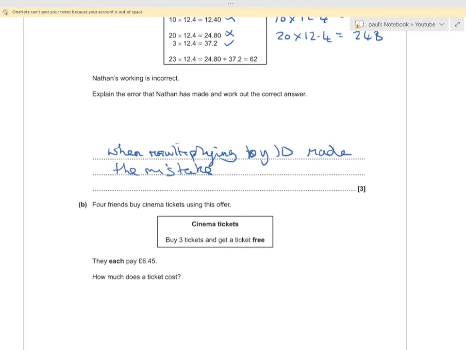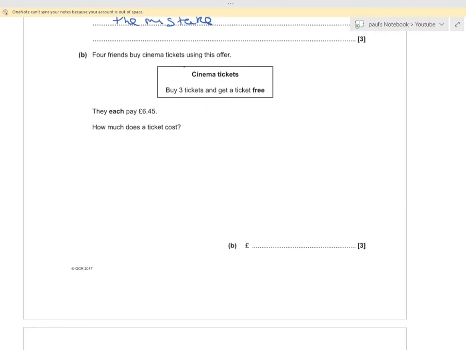Right. 4 friends buy cinema tickets using this offer. Buy 3 tickets and get a ticket free. They each pay $6.45. How much does each ticket cost? So this is how much they pay. Right, so they buy, this is 3 tickets.